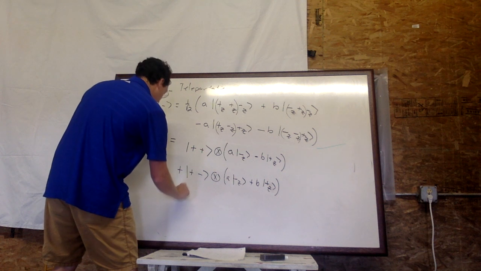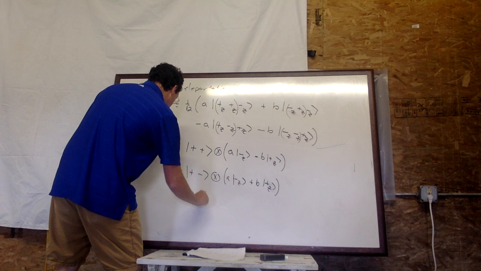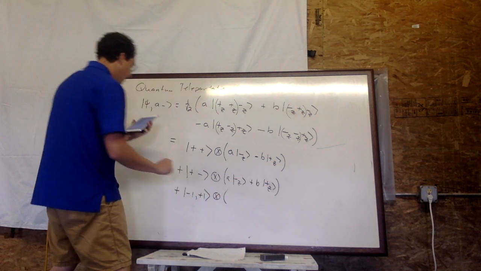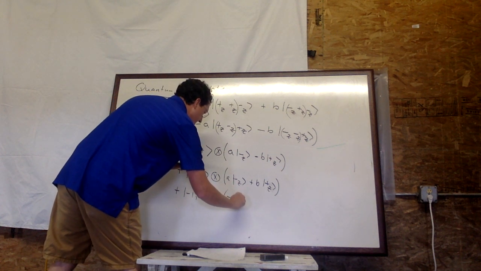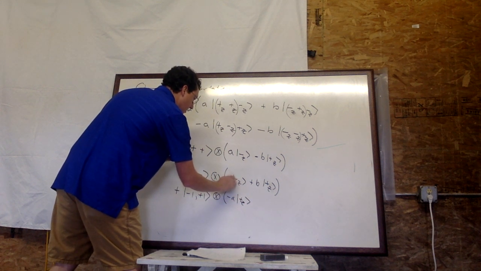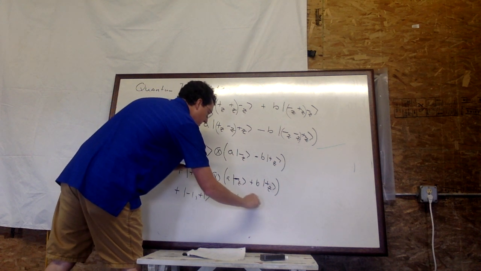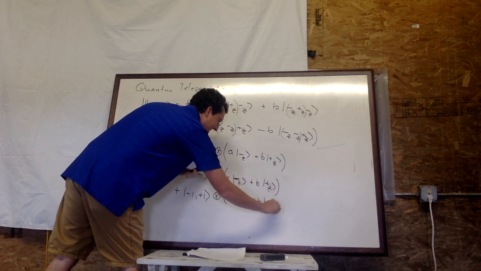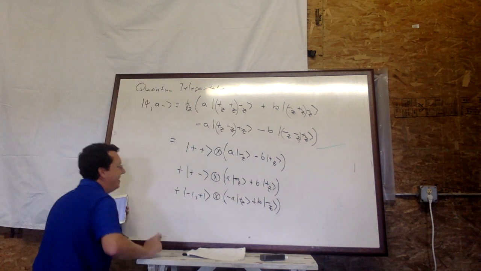And then I get minus 1 plus 1 tensor minus A plus Z. Oh shoot, this was a minus Z. Yeah, this is a minus Z plus Z plus B minus Z. These little factors are things you do on your own.